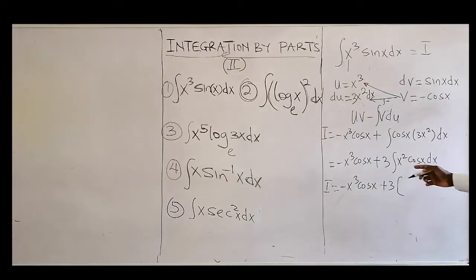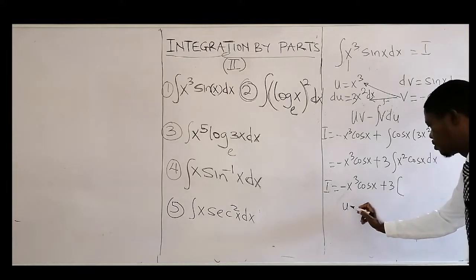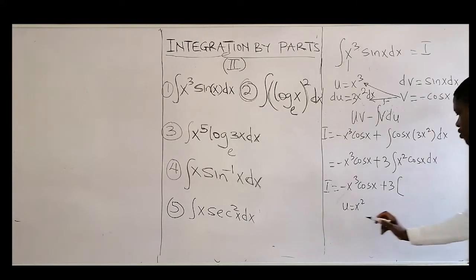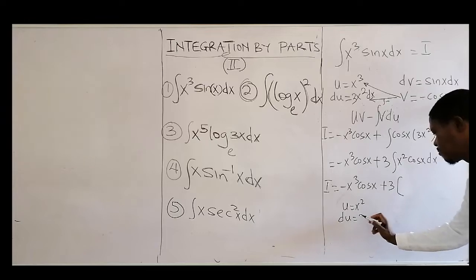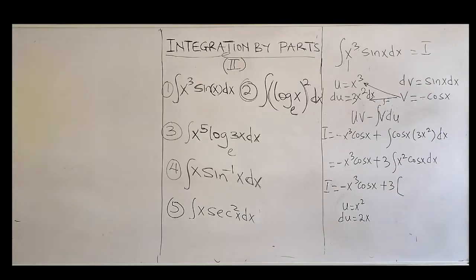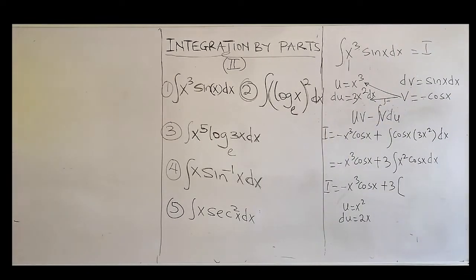Let's do this one again. u is what? u is x squared. du is what? 2x. Then dv is cos x, so v is sin x. If we integrate cosine, you have sine.